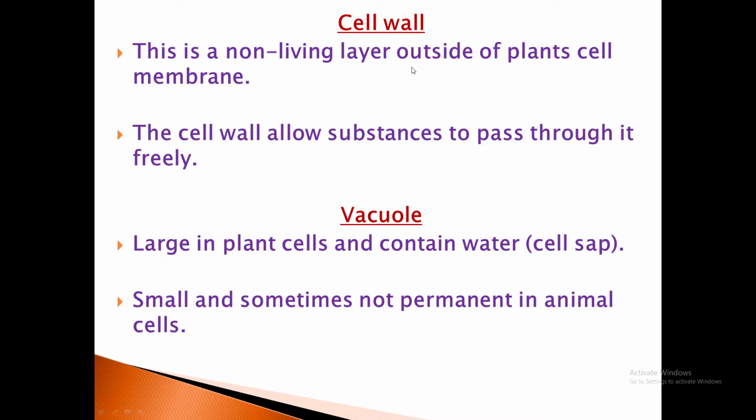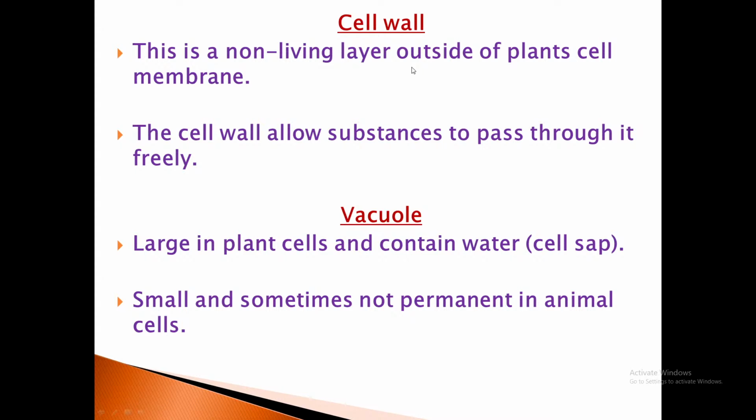So that's why they are saying it is non-living. So it is normally tough in terms of function. It normally offers protection. So just like how the animal cell is protected or surrounded by the cell membrane, the plant cell is surrounded and protected by the cell membrane, and then to the outer part it is surrounded by the cell wall. So plant cell is normally more protected than animal cell in terms of the components.